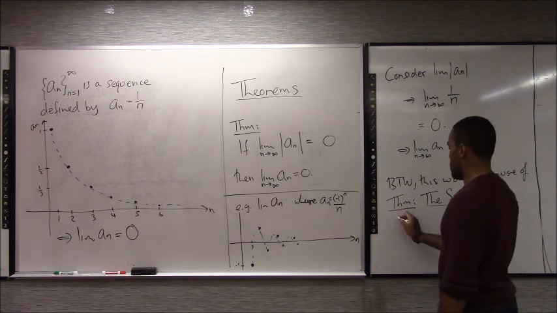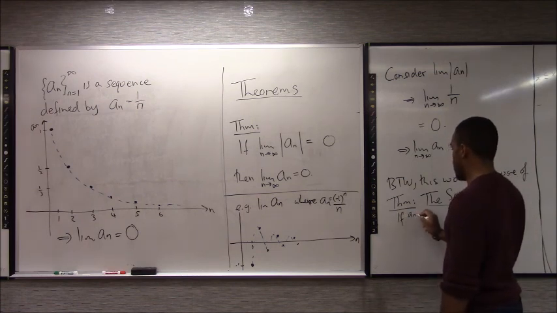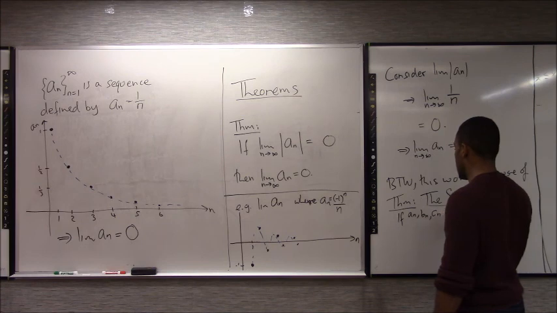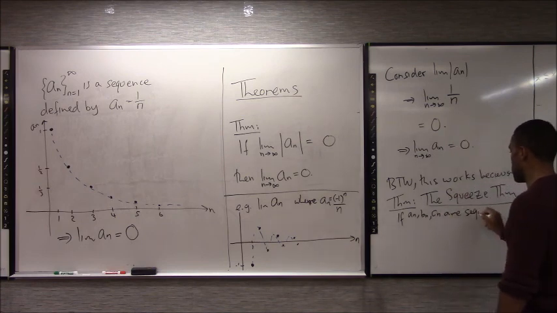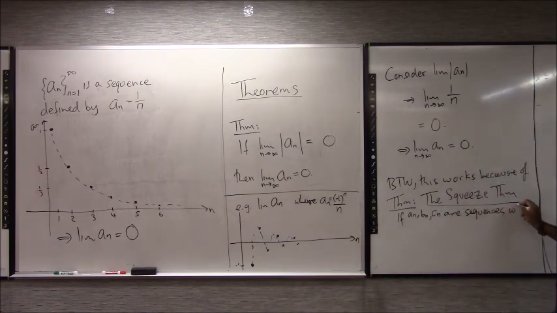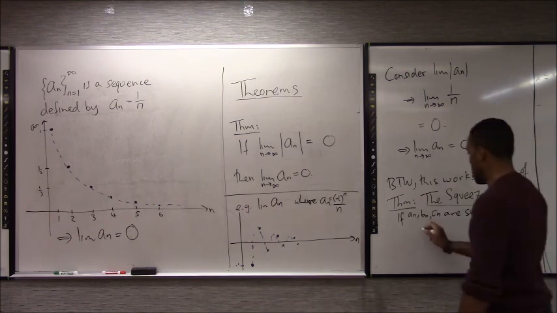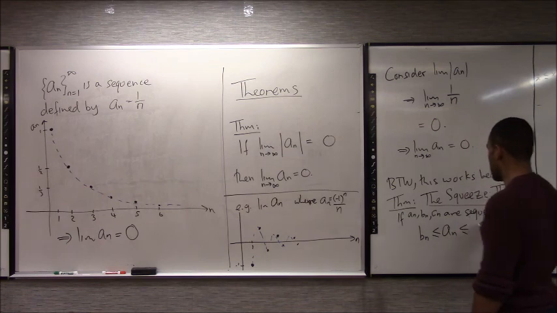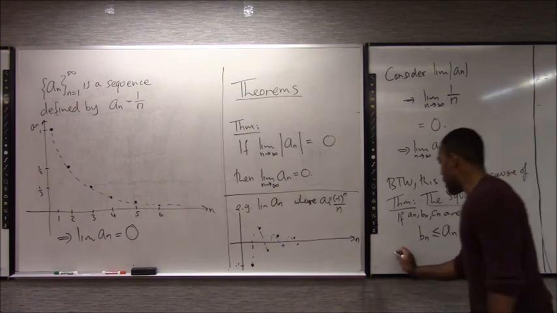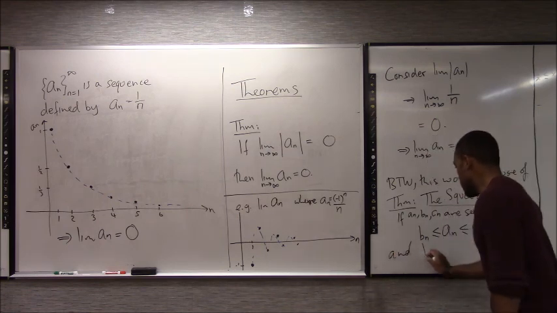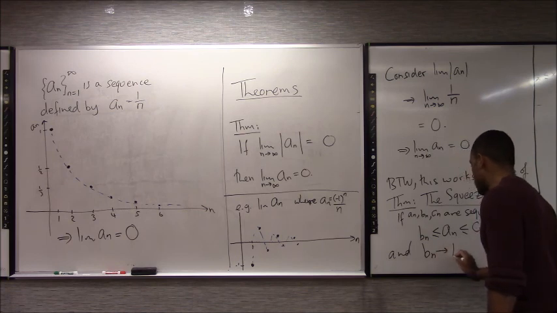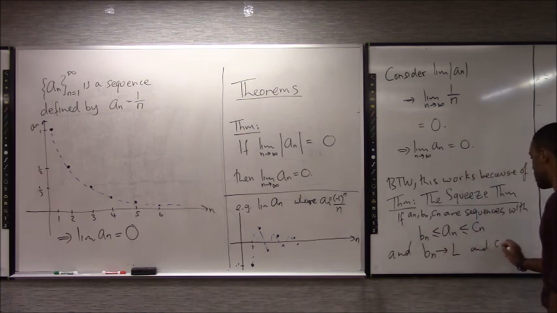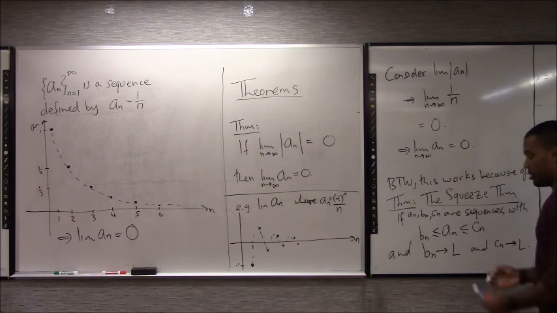It says, if a_n, b_n, c_n are sequences with b_n less than or equal to a_n, and that's always less than or equal to c_n, and I know that b_n converges to some number L, and c_n converges to the same number L.